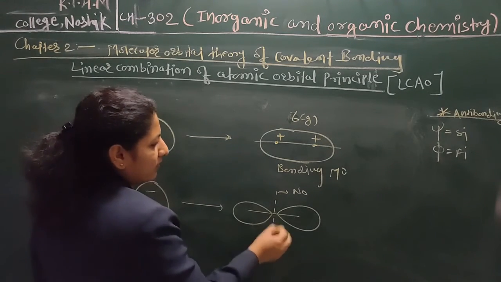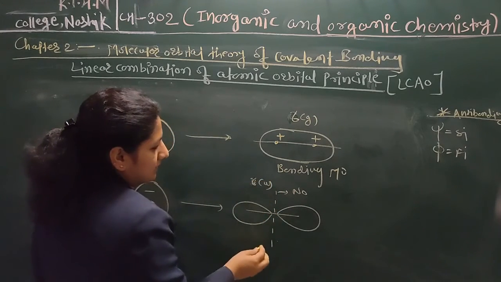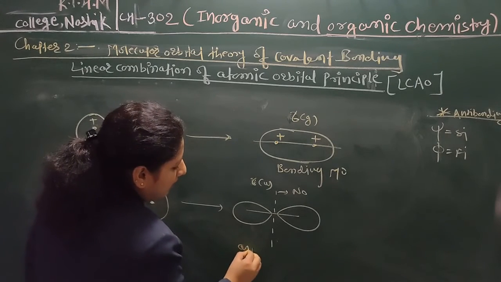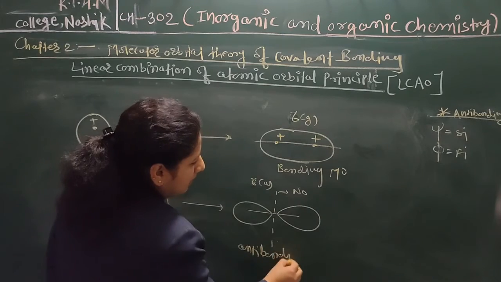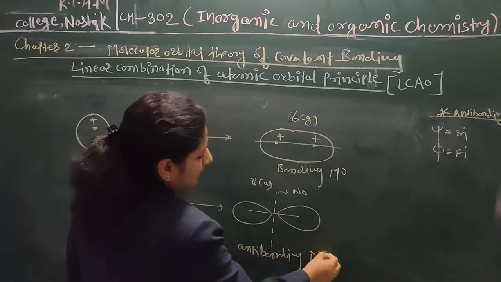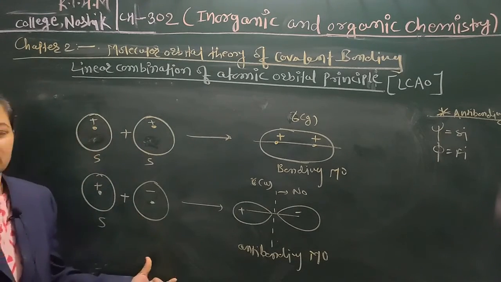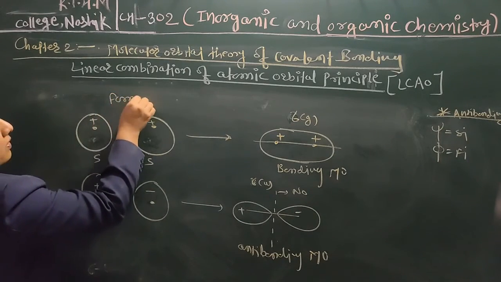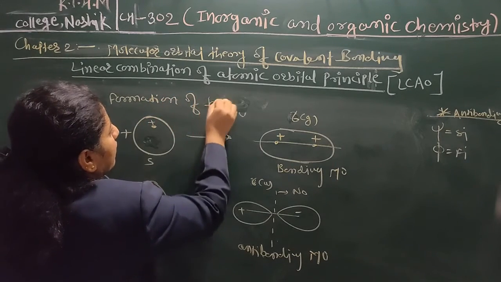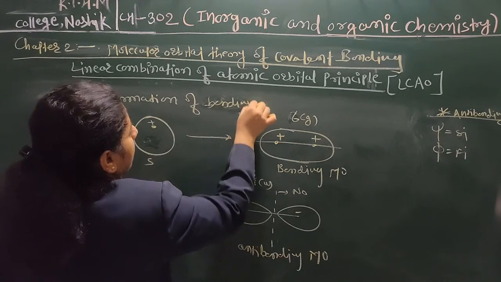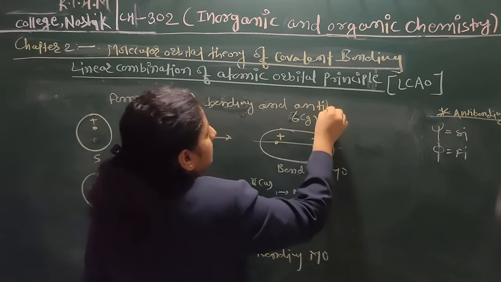That's why there is a formation of node, and this is the formation of antibonding molecular orbital. So here is the formation of bonding and antibonding molecular orbital.